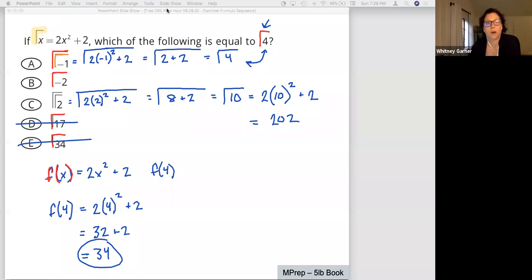Yeah, so be careful. We aren't looking for bracket 34, because bracket 34 would actually equal 2 times 34 squared plus 2. Right.